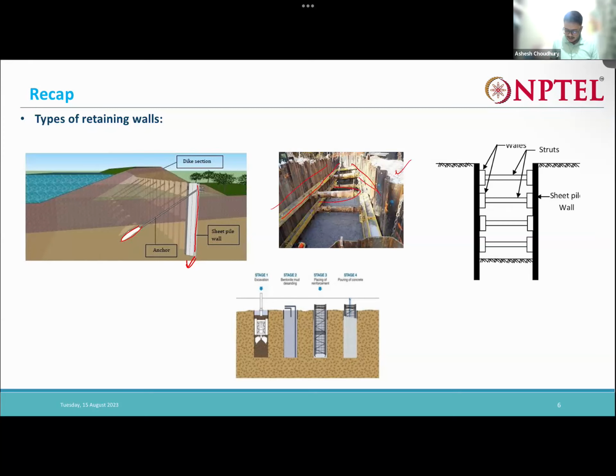These are constructed, even more than 100 meters high.